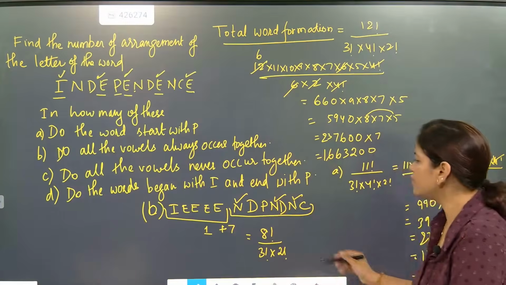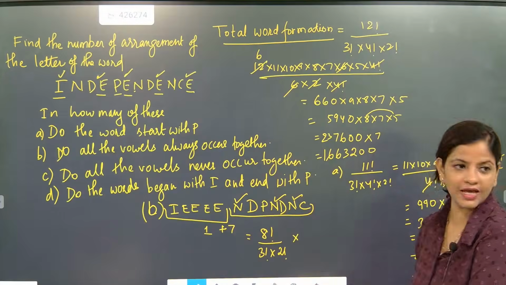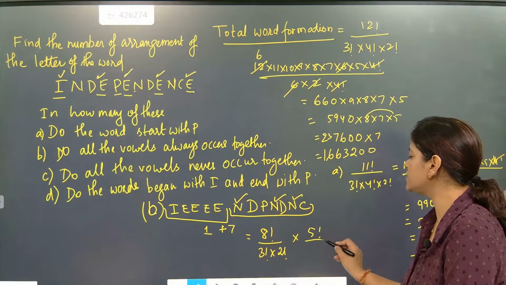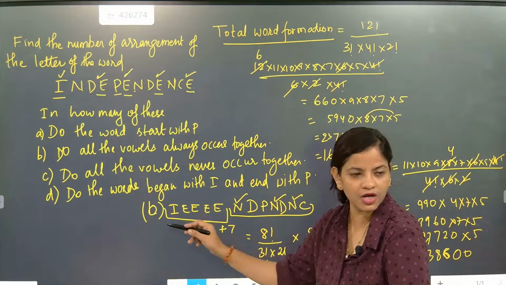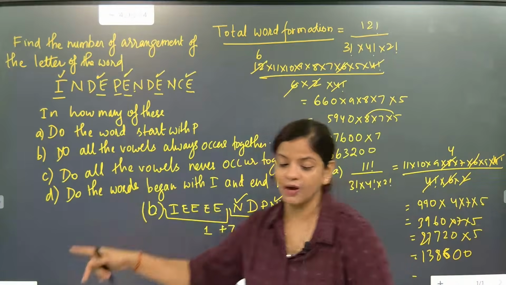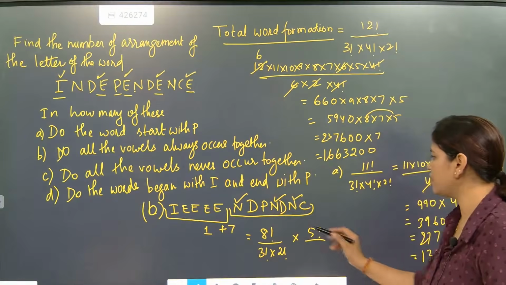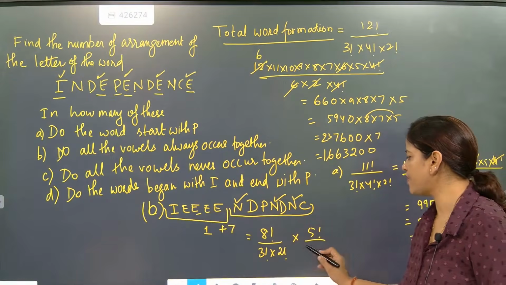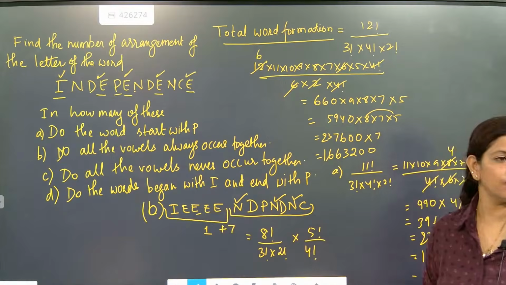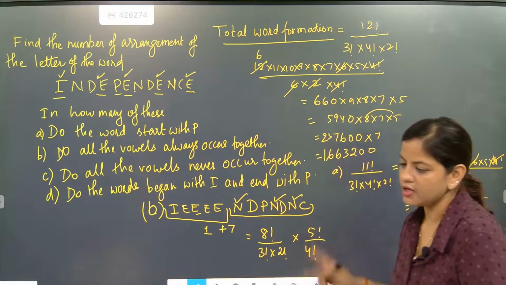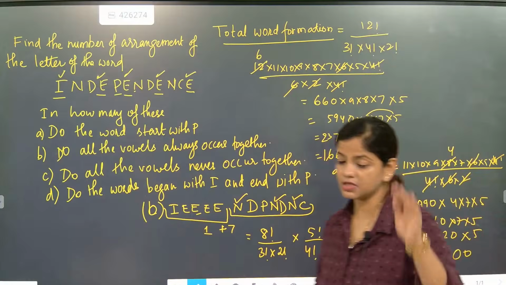So we multiply by the arrangement of the five, 5 factorial divided by 4 factorial, because E repeats 4 times and I is 1, so 1 factorial.